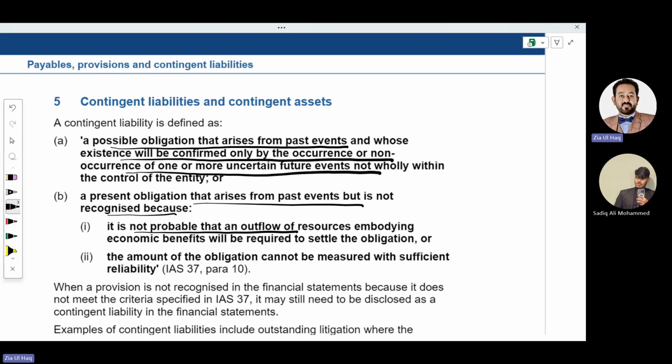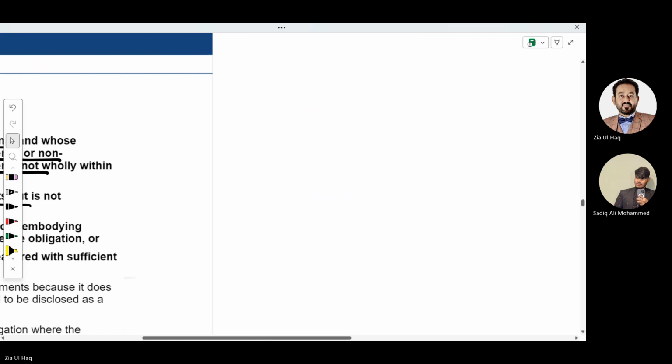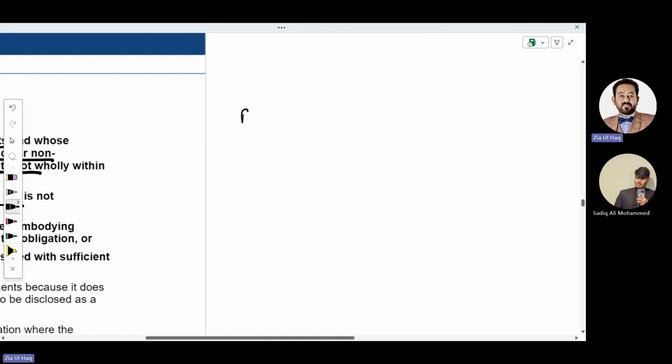In that case, we need to disclose the contingent liability. So we have discussed payable, we have discussed provision, and we are discussing contingent liability.